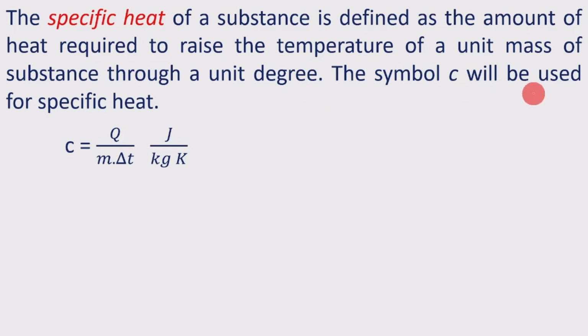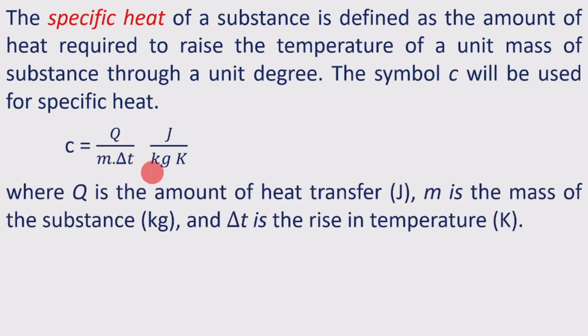The symbol C will be used for specific heat. Then C is given by C is equal to Q by M into delta T, where Q is the amount of heat transfer in terms of joules, M is the mass of the substance in terms of kg, and delta T is the rise in temperature in Kelvin.